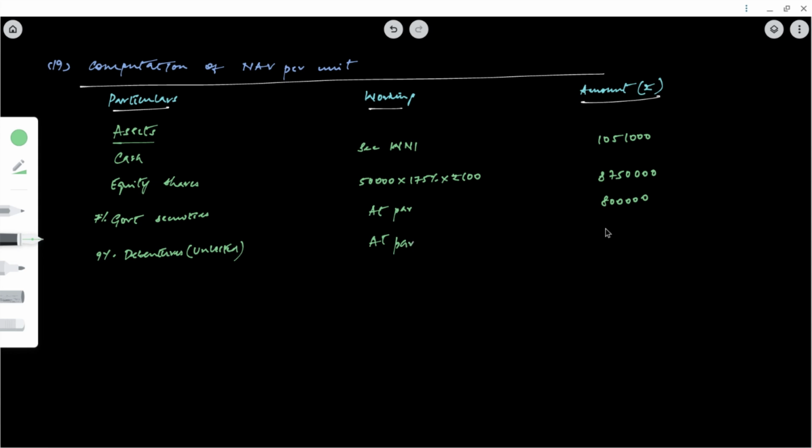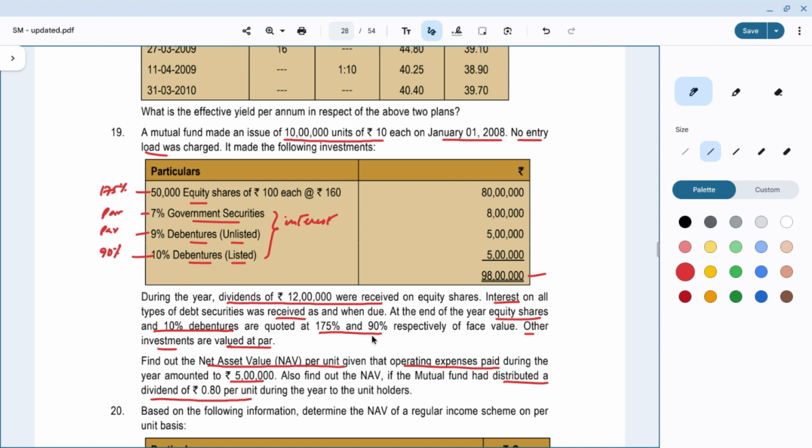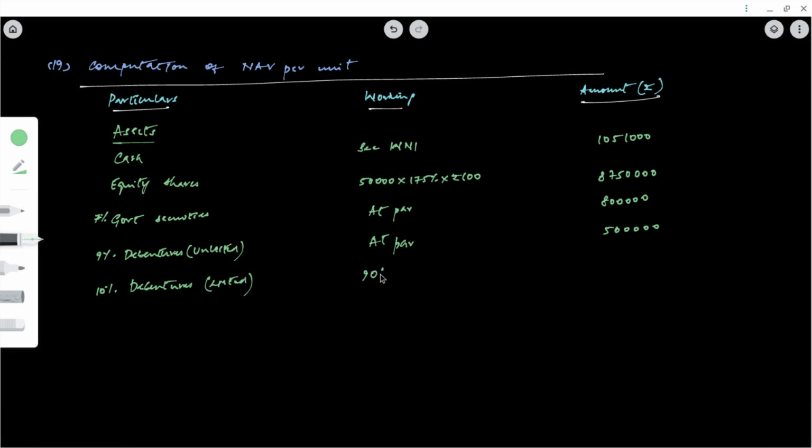Right. Next, 10% debentures listed. This is at 90% of face value. So if this is 5 lakh, 90% of 5 lakh will be 4 lakh 50,000.